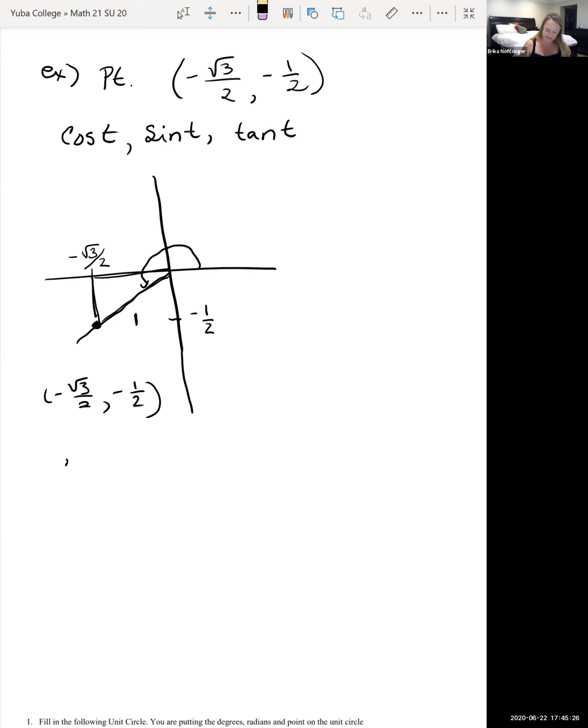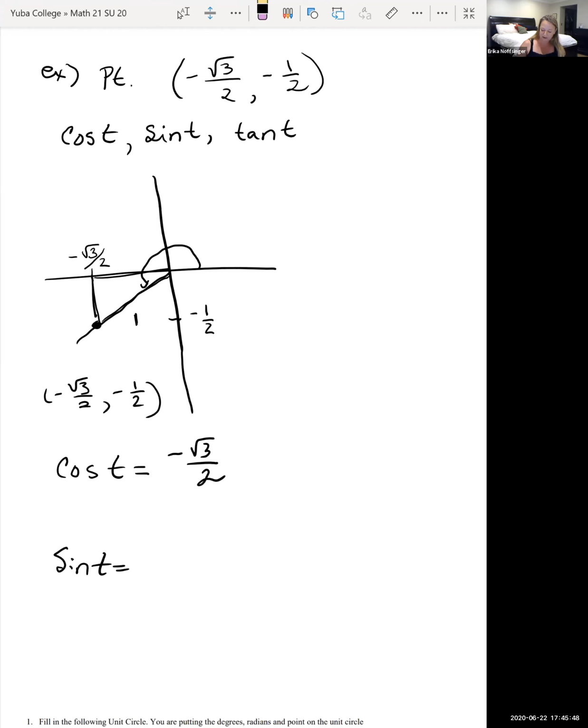So cosine of t is equal to x over 1. And our x value is negative root 3 all over 2. Sine of t is actually equal to our y value.